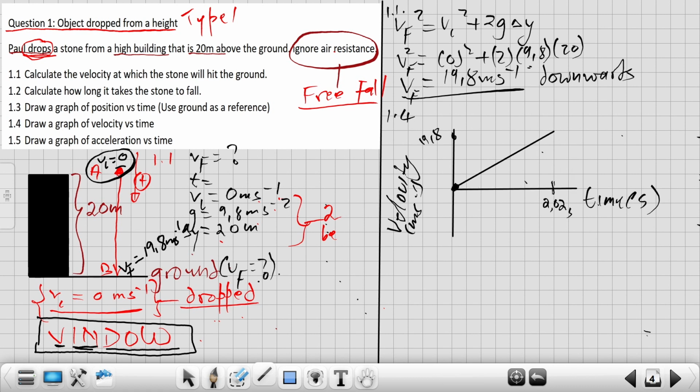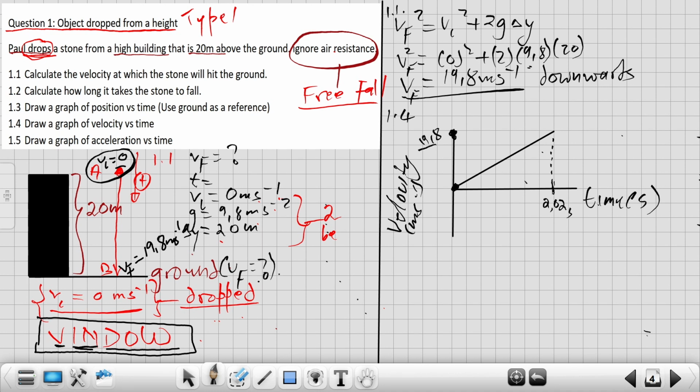And then this straight line will say to me my final velocity. My final velocity there is 19.8 meters per second. And then it took my projectile, or my object, 2.02 seconds to hit the ground.